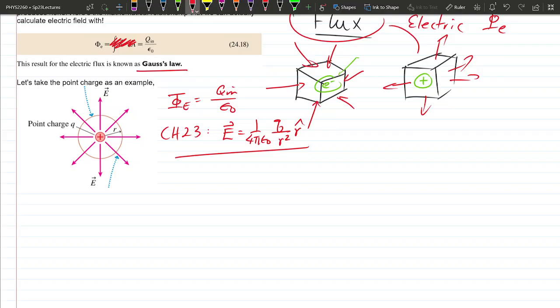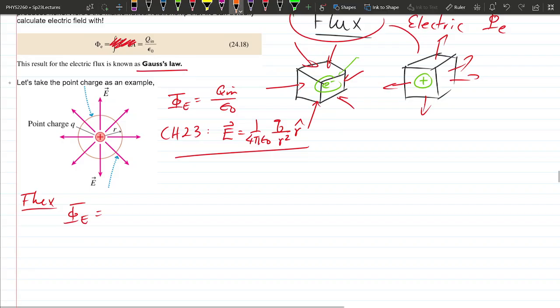The left-hand side is the flux. How do we calculate this flux? Remember, the electric flux is basically how much electric field is passing through some surface. Since we're trying to figure out the electric field at some distance r away from the charge, I'm going to draw this thing called a Gaussian surface.